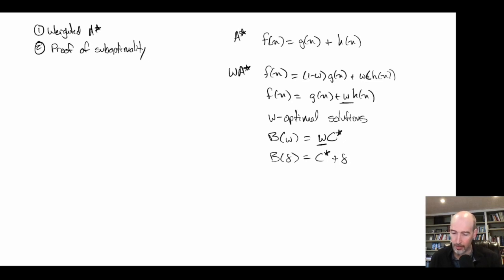But here, we've taken this W and put this inflation factor onto the heuristic. What that means is essentially we've created an inadmissible heuristic, because it's higher than the actual distance to the goal.